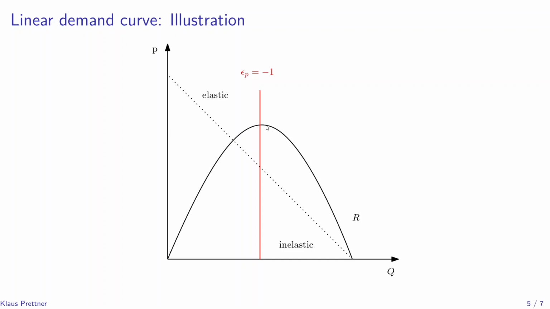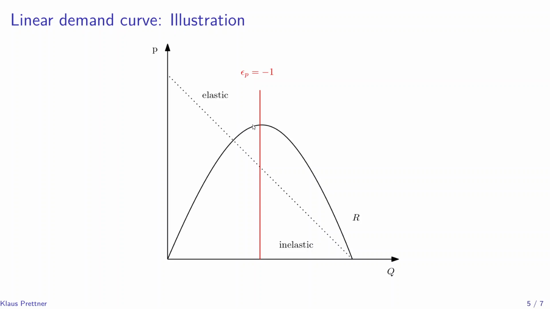And the nice thing here, but this is just a side remark, is that you already see again the connection to the derivative. So if you want to maximize revenue, you would take the derivative of revenue with respect to the price and set it equal to 0. And why do you do that? Because you want to get the point on the curve where the slope is 0, so that the price change does not change revenue anymore.